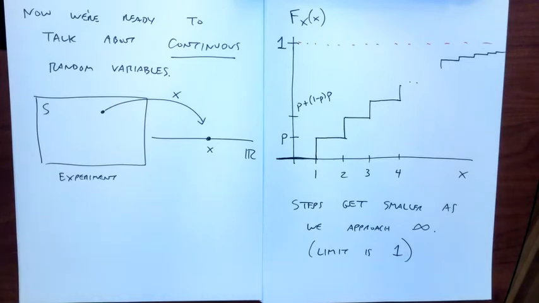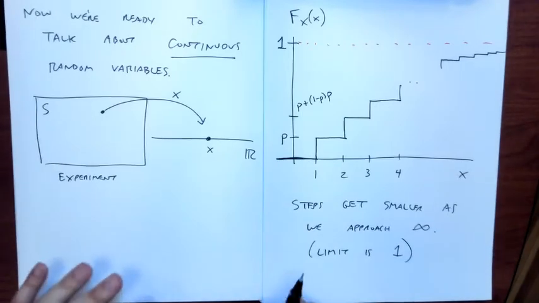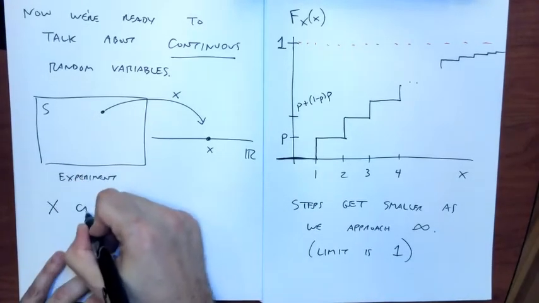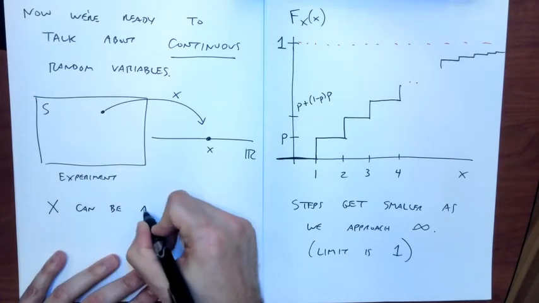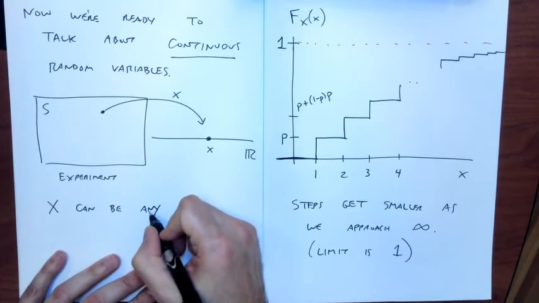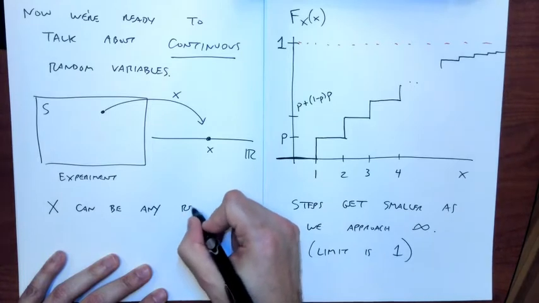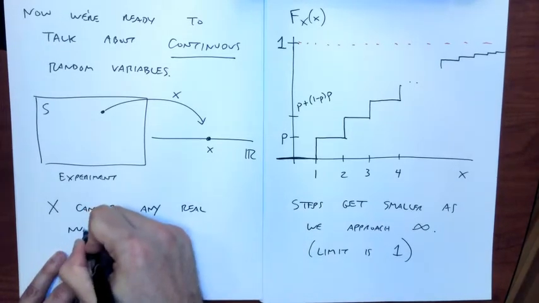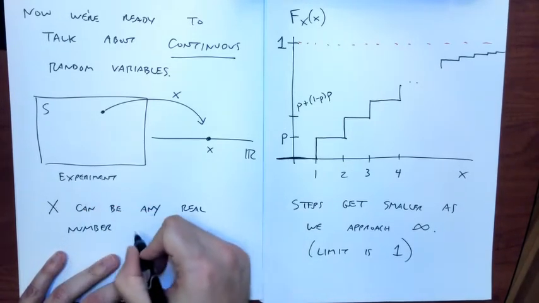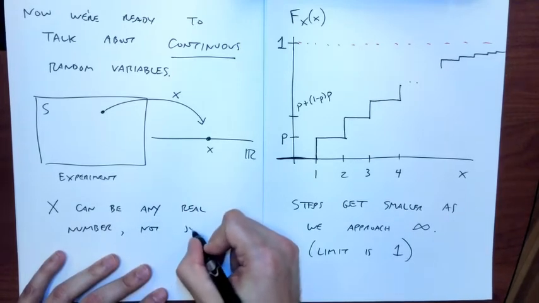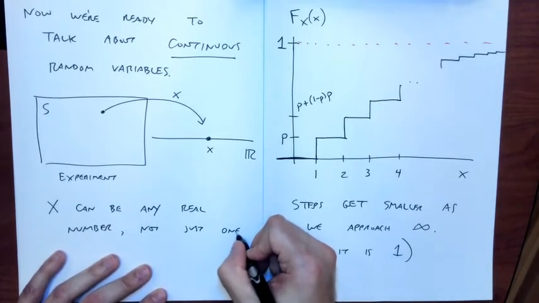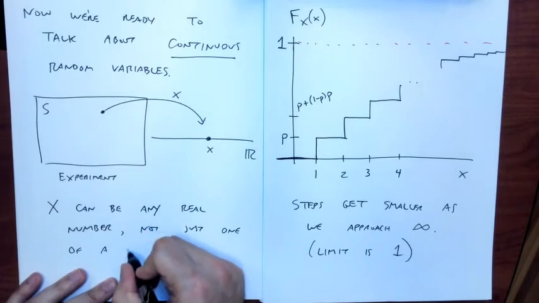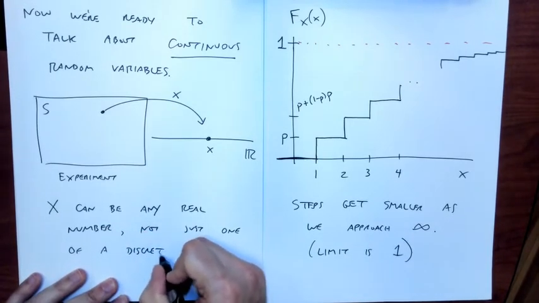Doesn't have to sit at a given discrete set of locations, right? So x can be any real number, not just one of a discrete set of possibilities.